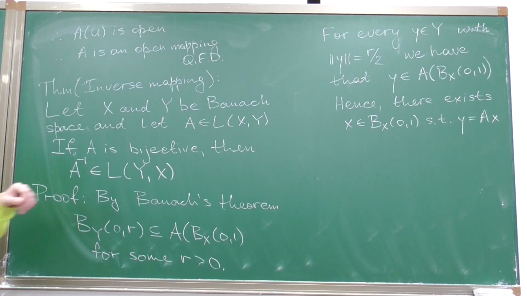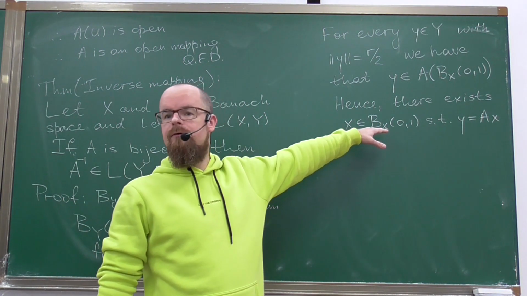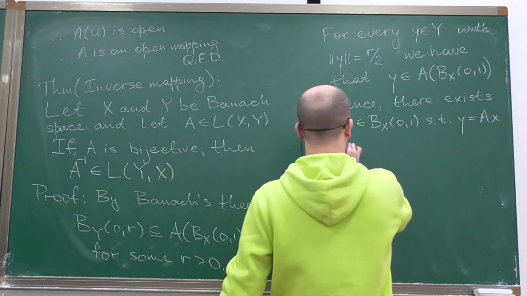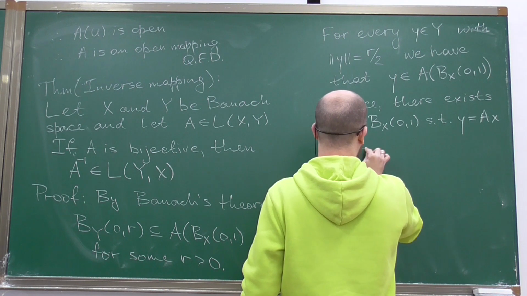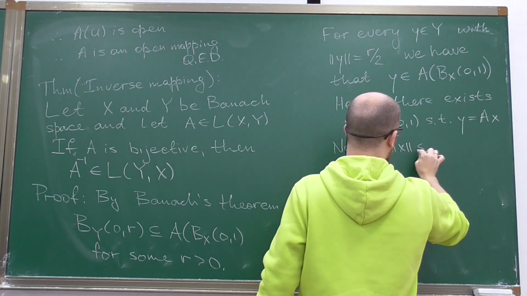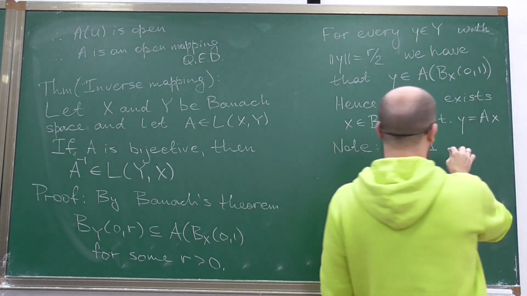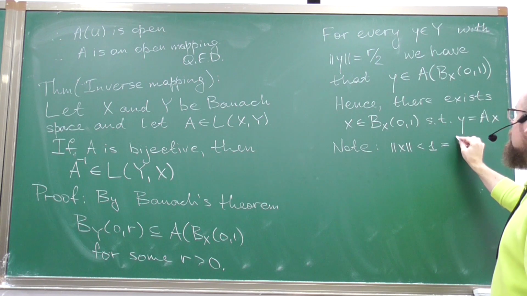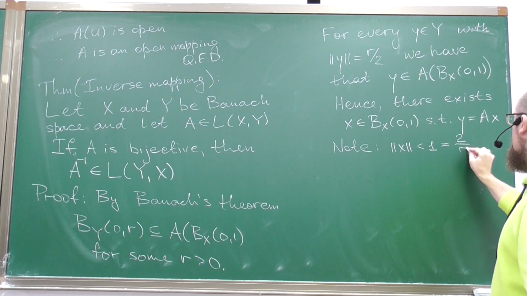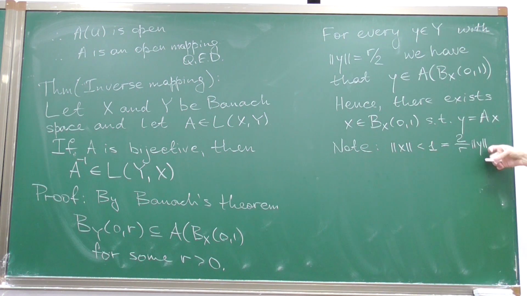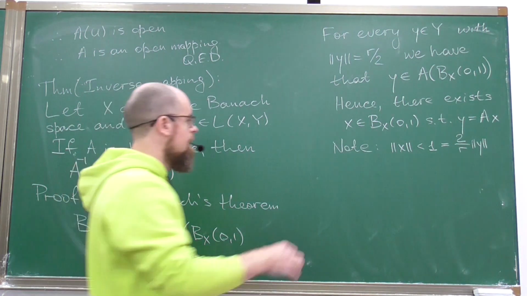And let us note that since x is from the unit ball, its norm is strictly less than 1. And 1 equals 2 over r times the norm of y, which equals r over 2. So it's nothing but 1.